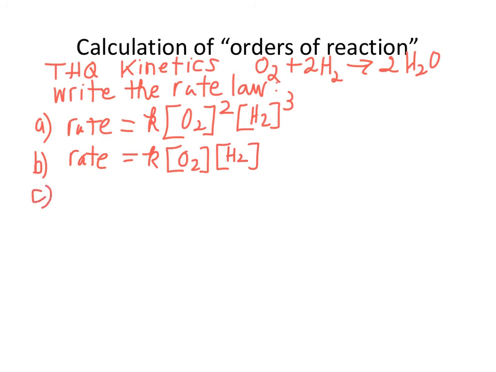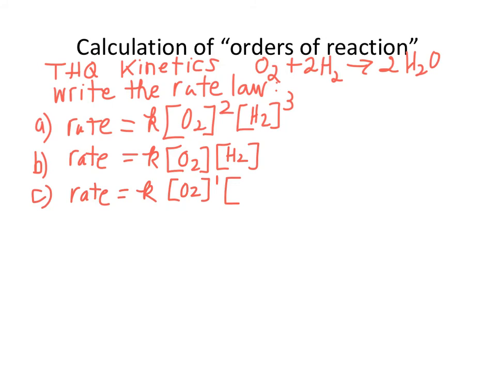Let's think about these. So rate equals K. Okay, C states that the rate is doubled when only the oxygen is doubled. So if the concentration of something is doubled and it causes the rate to double, then we know that's going to be first order. And the rate stays the same if only the H2 is changed.